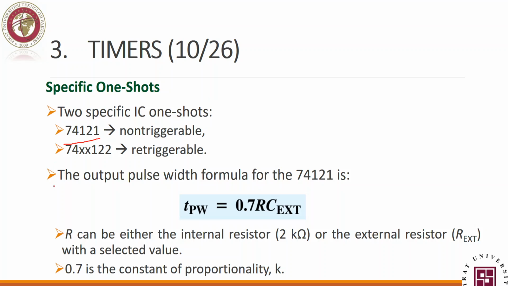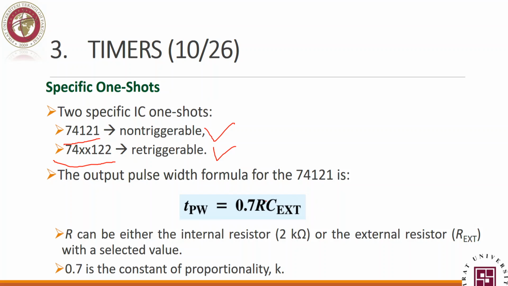This is non-retriggerable. And we have the retriggerable 74XX122. So we will study these two types, one non-retriggerable and one retriggerable. This one will not be affected as long as it is still in its own instability time, and if you retrigger it, nothing will happen.